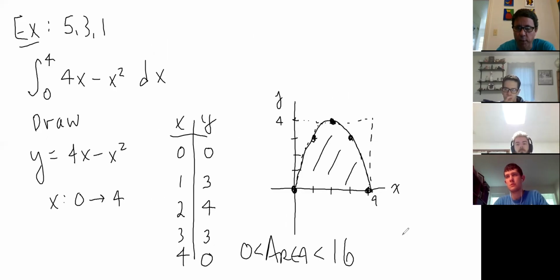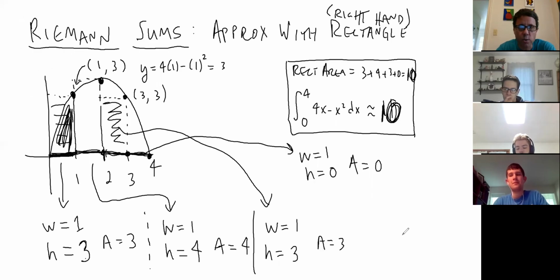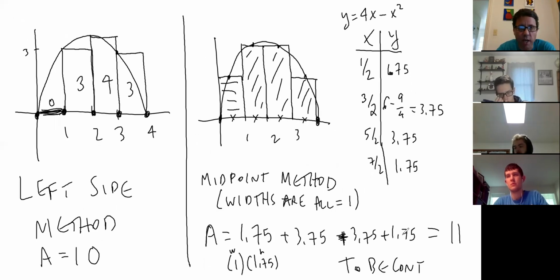It's actually a square, and we got 16. We did this with rectangles using the right-hand point, and we got 10. Then we did this with the left-hand side, and we got an answer of 10. Then we did this with the midpoint, and we got an answer of 11. Those were all with 4 different locations of rectangles, and they're all getting reasonable approximations.